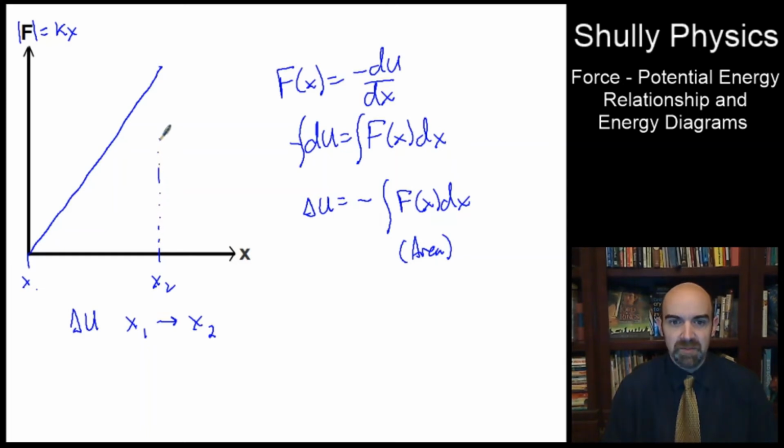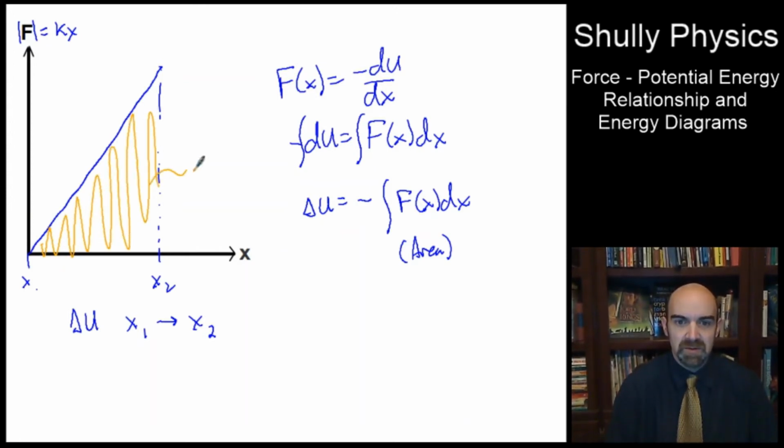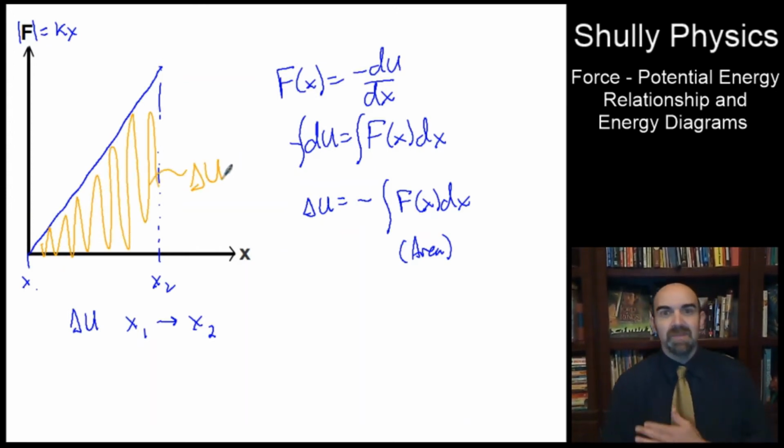Let's extend this upward, and we're going to just find the area within there. That's going to be the change in potential energy, but the change in potential energy of the spring itself is going to be that negative change. Don't forget the negative in here, okay? Negative change of potential energy.